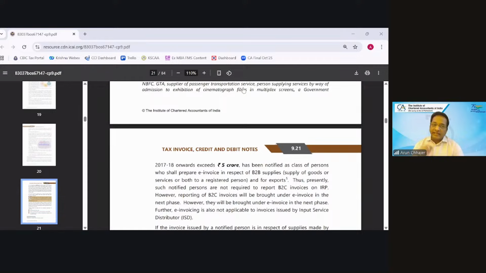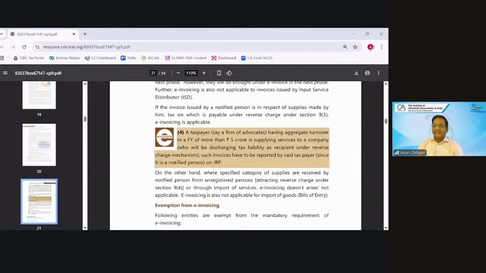Please note, e-invoice is applicable for outward supply. E-invoice is not applicable for inward supply, even though it falls under RCM. Okay. I hope this sentence is clear.